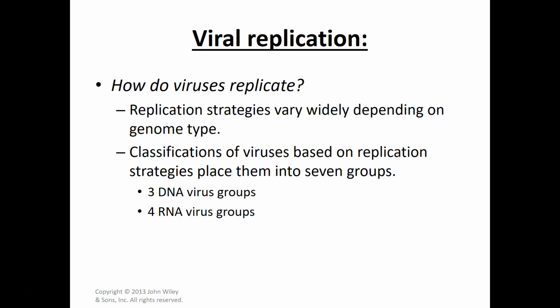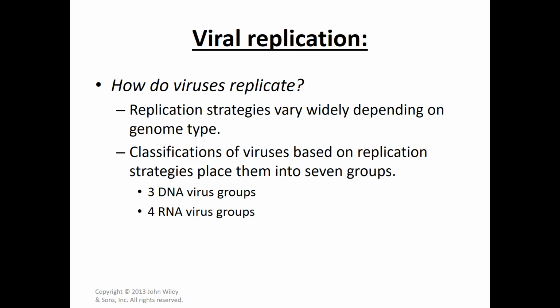Oh God, his name's not on here. Shame on me. This classification system is, of course, named after the guy who came up with it. Viruses aren't only classified by whether they're DNA or RNA, single-stranded or double-stranded. They're classified on how that information is copied and utilized by the cell.